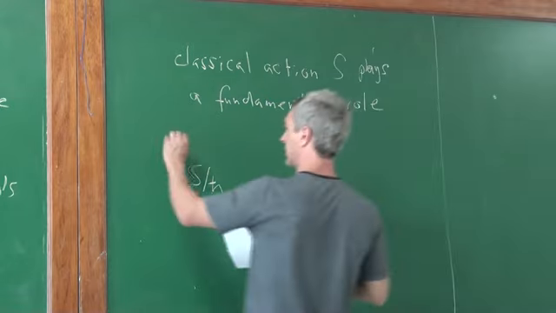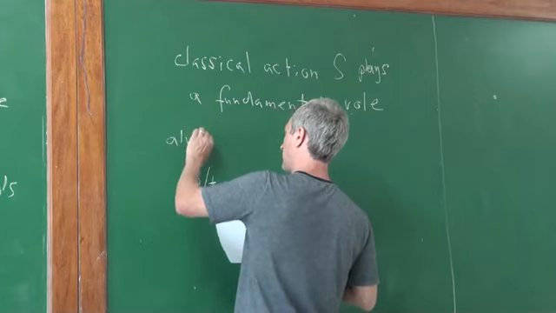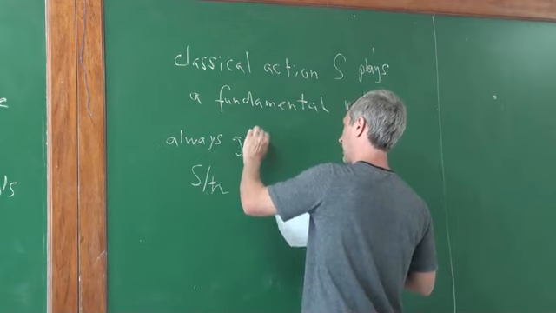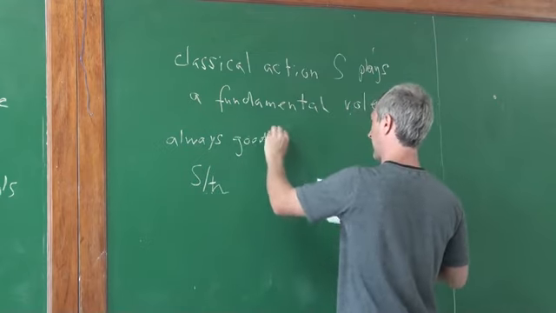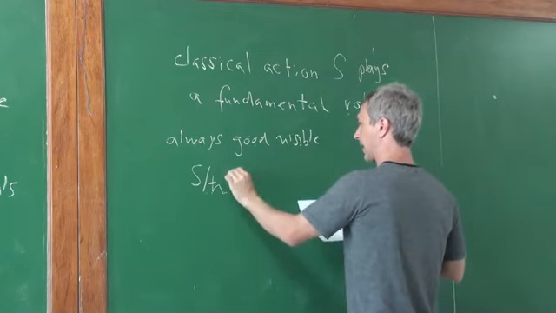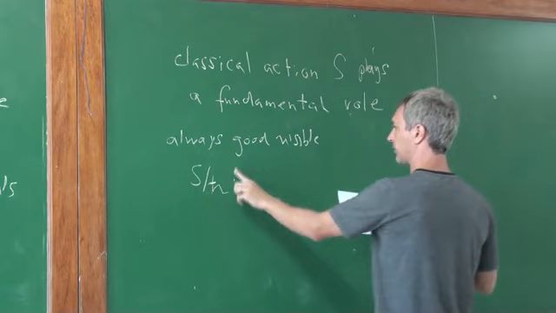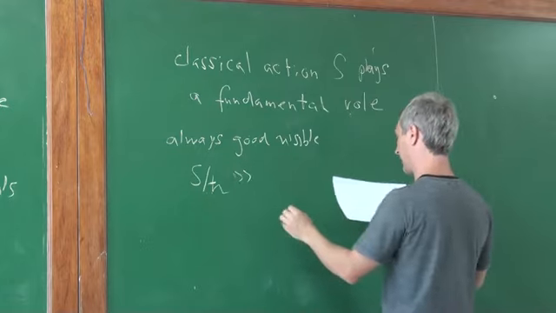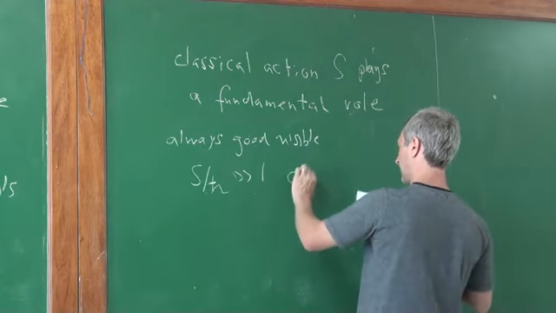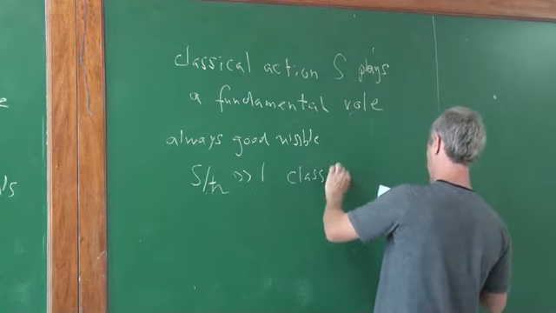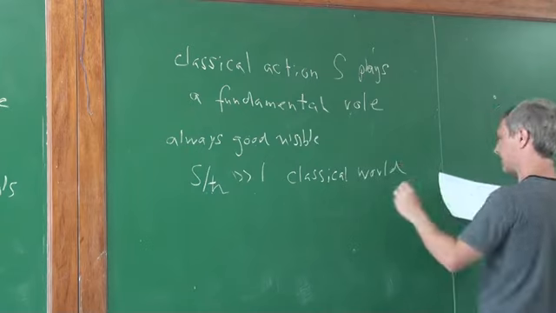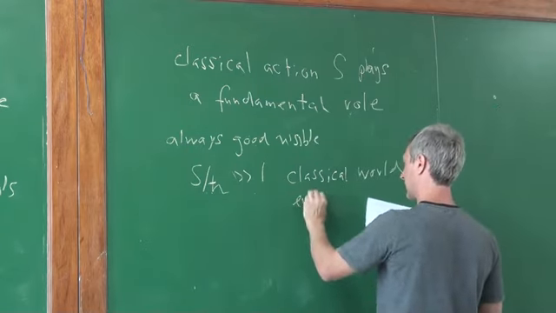And this means one of, I think, the advantages of the Feynman path integral formulation of quantum mechanics is that there's always very good visible how the classical world emerges from the quantum mechanics, and this is if the typical action scales.